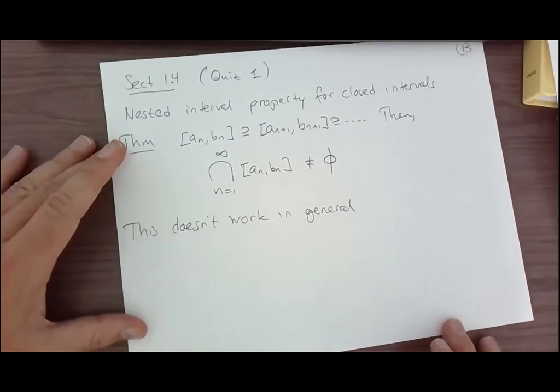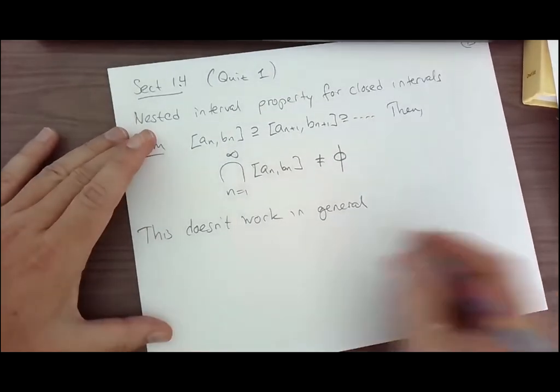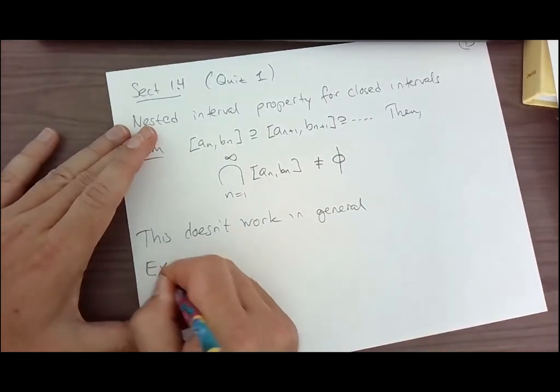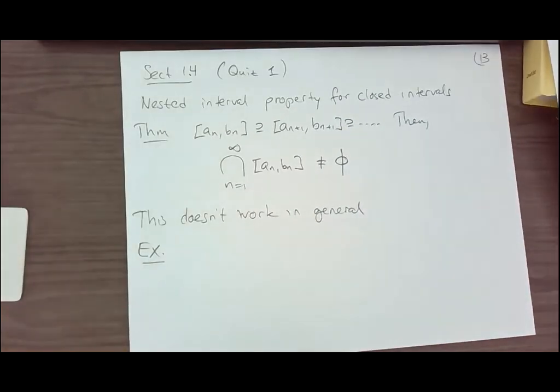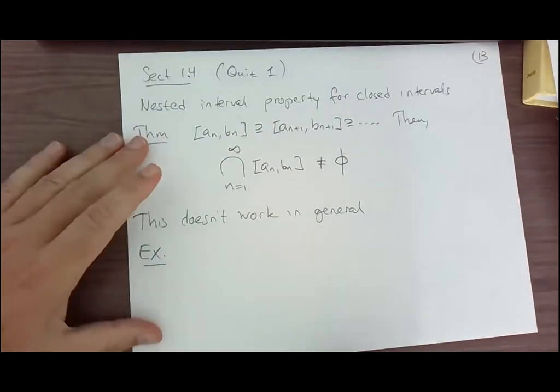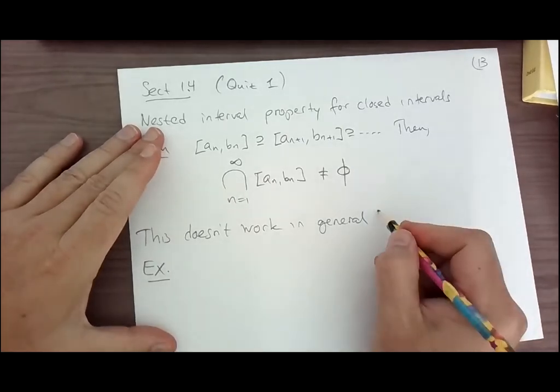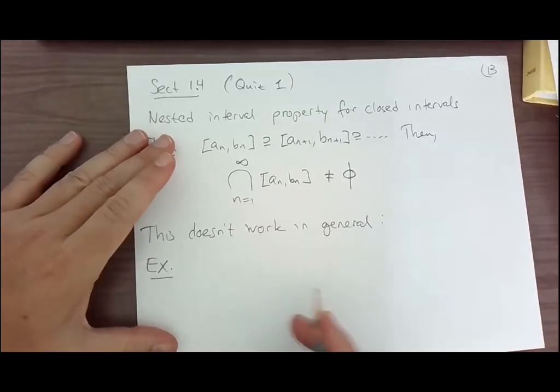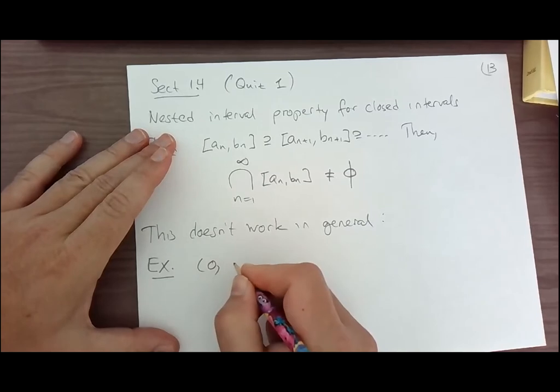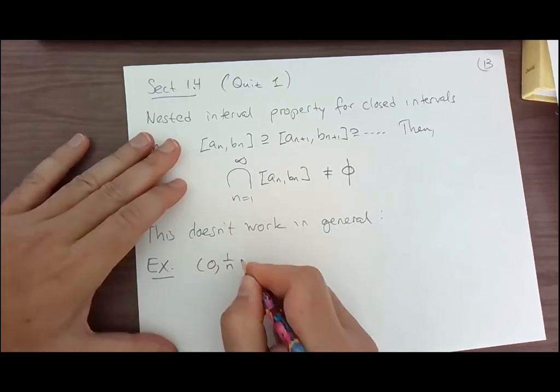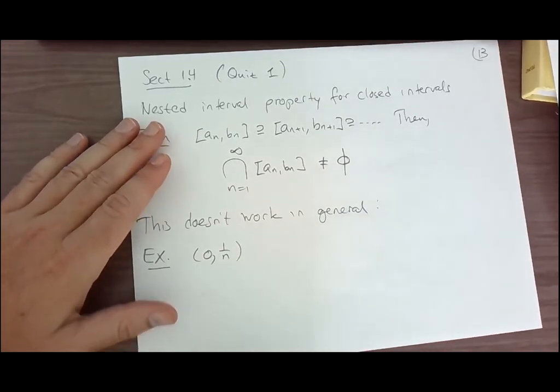So let me maybe give a couple of examples here. The first example is where it doesn't work. If you take the intervals to be 0 to 1 over n, I'm going to keep them open now.